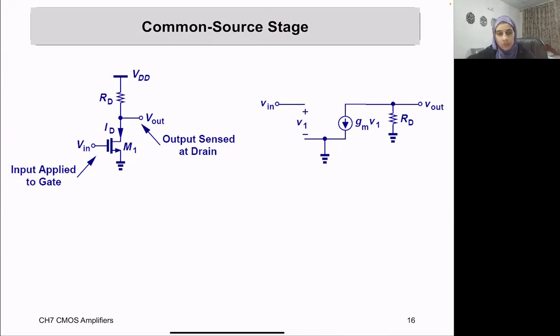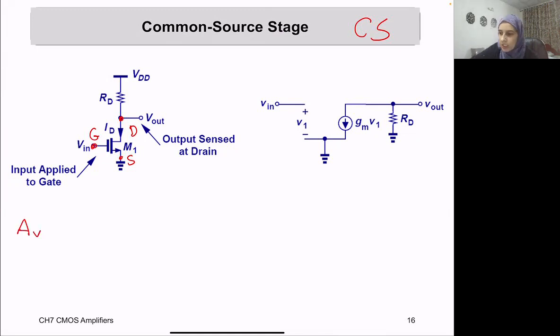The first and the simplest one is the common source amplifier. How to identify a common source amplifier? You will know that the input is coming on the gate and the output is taken from the drain. And here the simplest case is when the source is grounded. Now, to identify the gain, usually we give it the symbol AV.